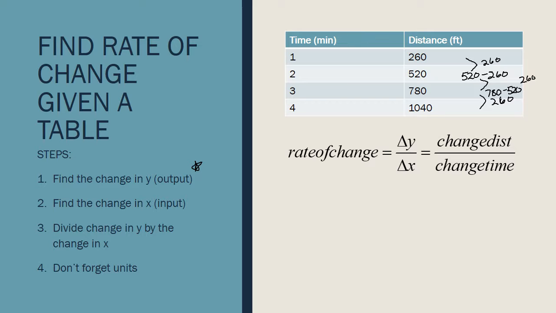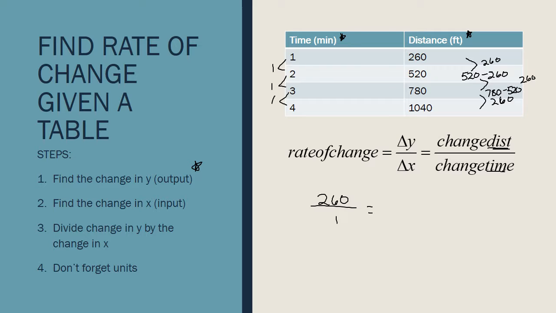So I have 260 all over, right? Because I'm going to divide here. You see change in y over change in x. In this case, it's actually the change in distance over the change in time, because distance is my y value and time is my x value. This one's kind of easy. It's always jumping by 1, so my change in x is 1.